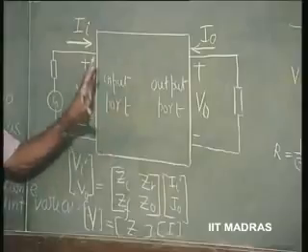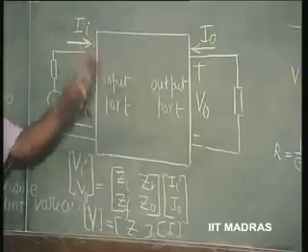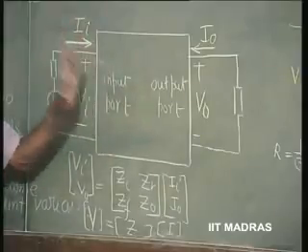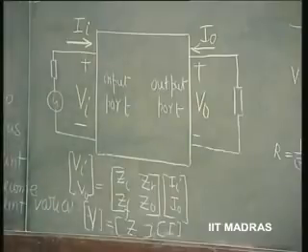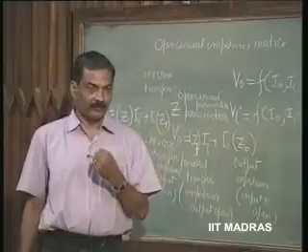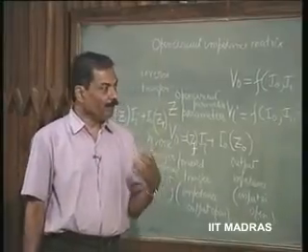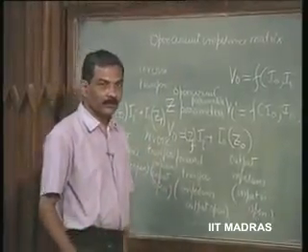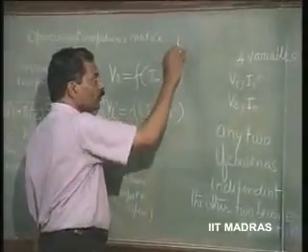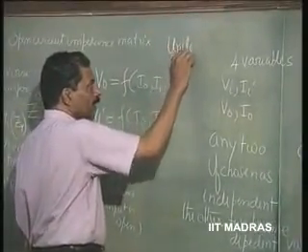This is the general representation of any two-port network which is linear. What is an amplifier? Let us understand. Ideal amplifier is one which is unilateral first.